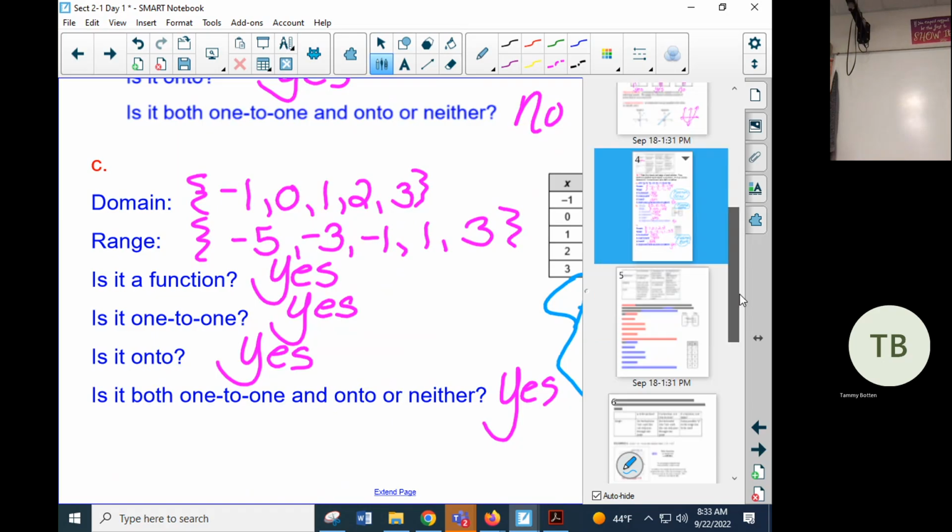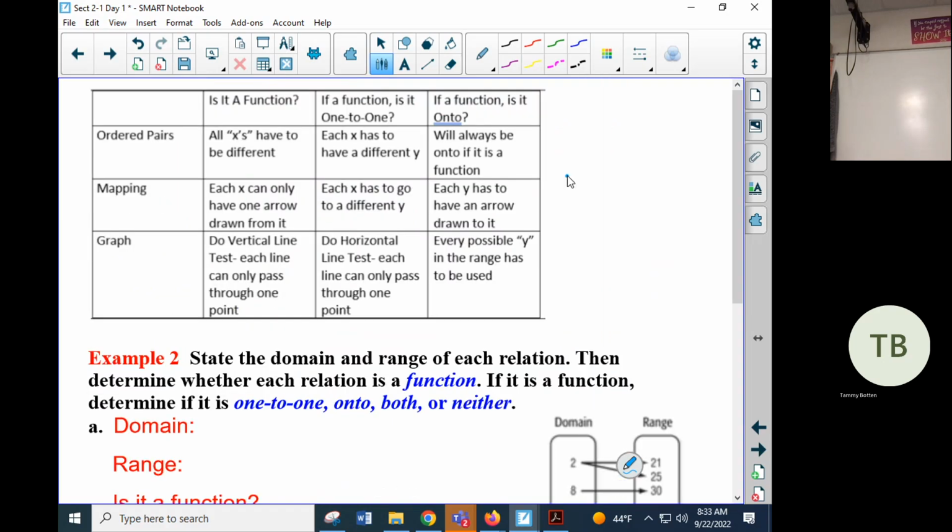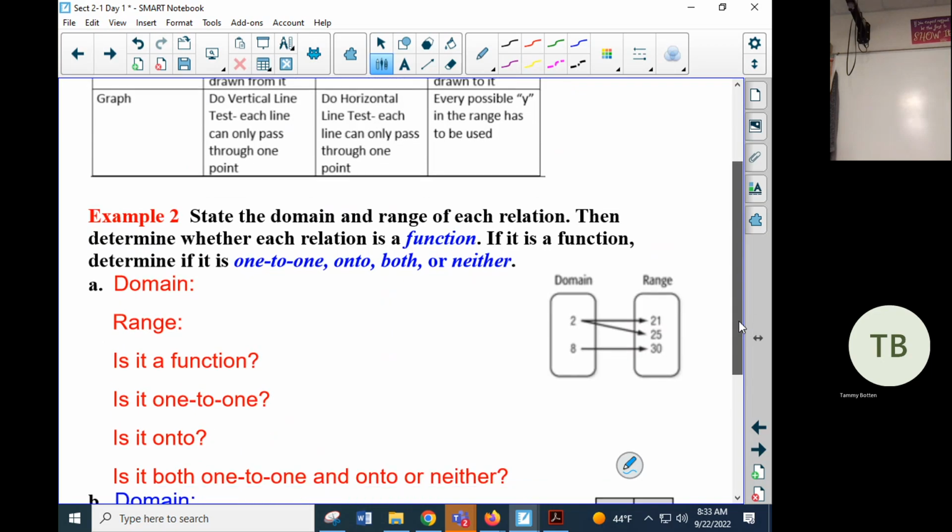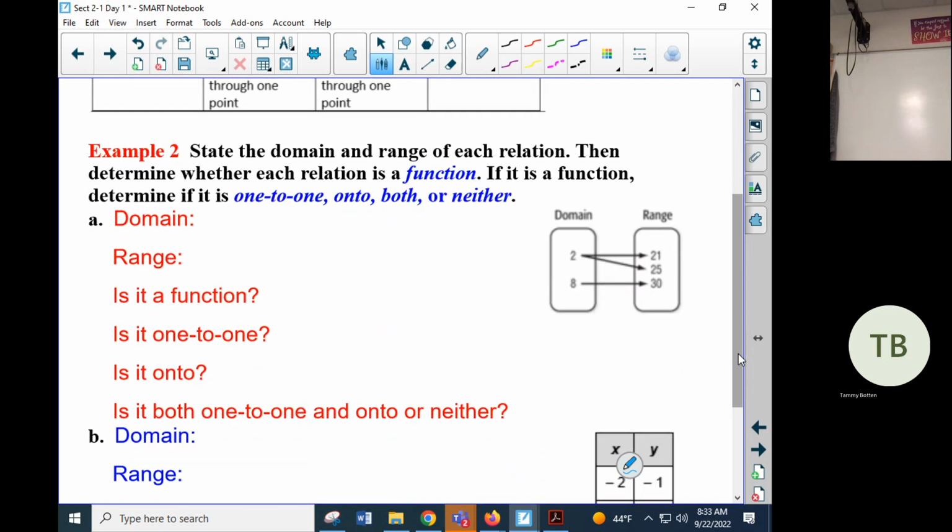Now, if we look here, this is kind of the same. Here we have a mapping and they want our domain, which is 2, 8. And for the range, we have 21, 25, 30.